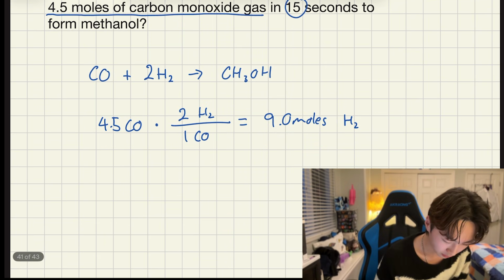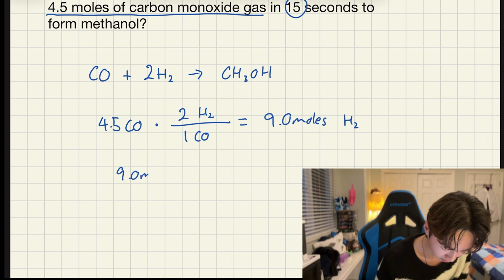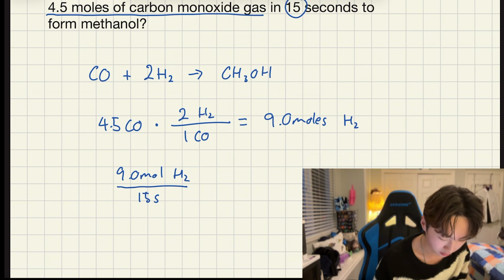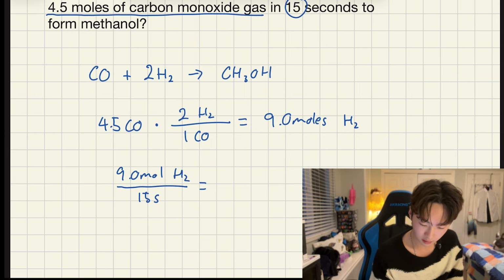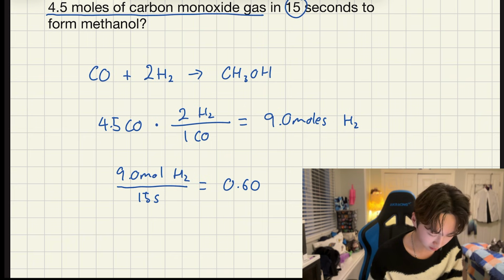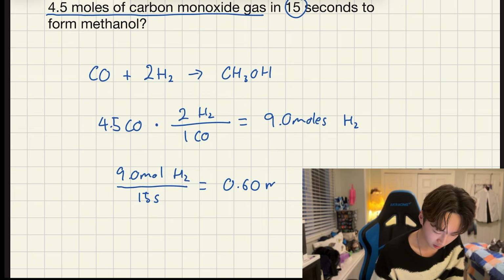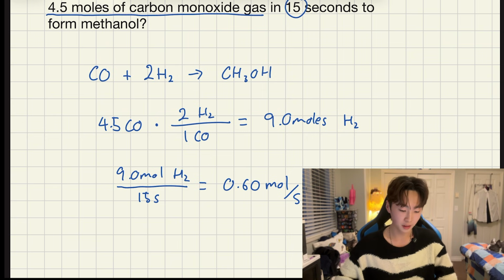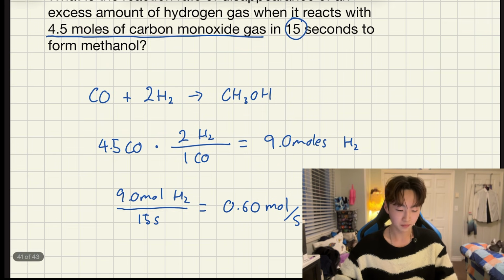So 9 moles of hydrogen gas is being consumed in 15 seconds, and this is equal to 0.60 moles per second. And that's going to be the rate of disappearance of hydrogen.